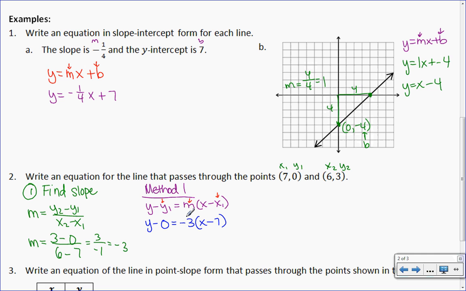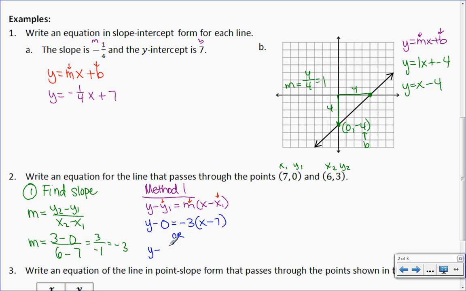Okay. And this is an equation in point-slope form. When it says to write an equation, it doesn't necessarily mean that it has to be in slope-intercept form. So this is a perfectly acceptable answer. You also could have used the second point. So if you had done that instead, you still would have had the same value for m, but you would have used the other coordinates of the points instead.